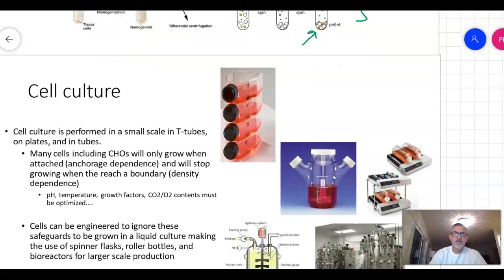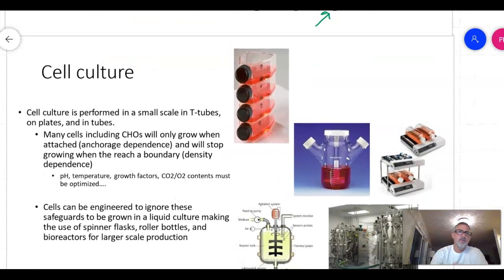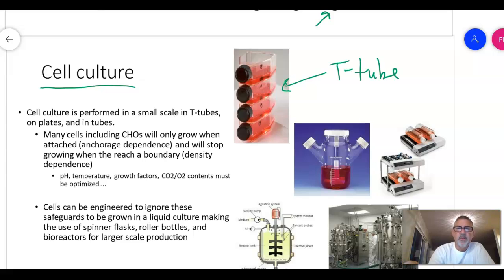All right, and then we get to cell culture. Cell culture has its own challenges. In small scale, when I started cell culture, I could use a T-flask.